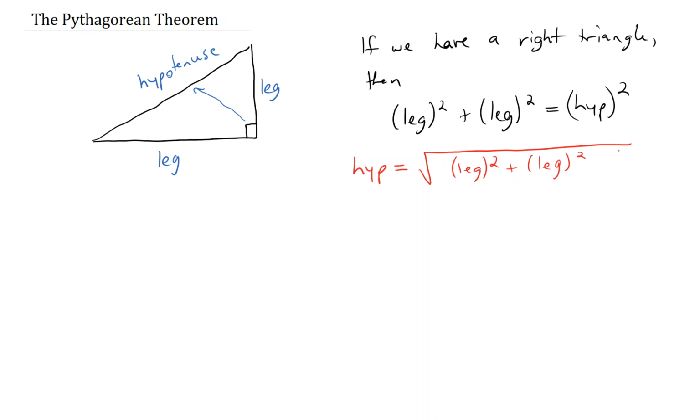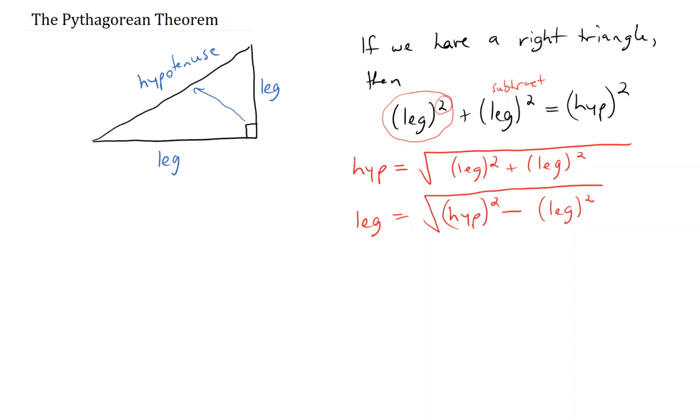If you wanted to solve for a leg, how would you do that? Well, say we want to solve for this leg, you would have to subtract this guy, right? So what that looks like is you'll have hypotenuse squared minus this other leg squared, and then square root both sides to get rid of the square on the leg.